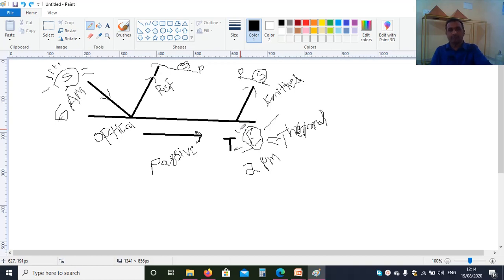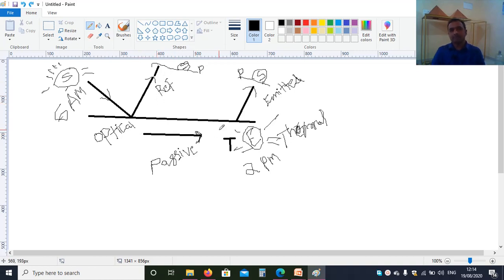At 12 p.m. or 6 a.m., we get reflected radiation from the earth surface; at 2 p.m., emitted radiation comes from the earth surface. What is the source of reflected radiation? Sun. What is the source of emitted radiation? Earth surface. Why? Because at the beginning of the sunrise, we get only reflected radiation from the earth surface.